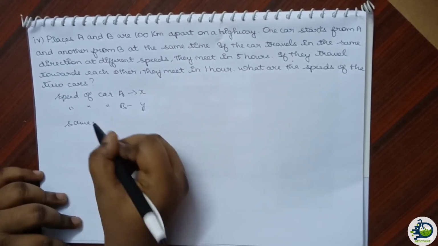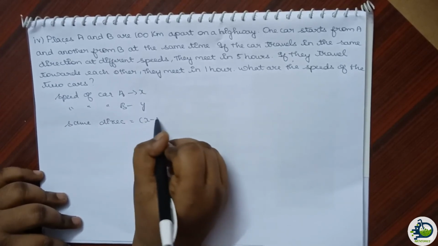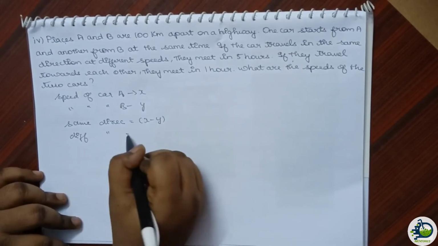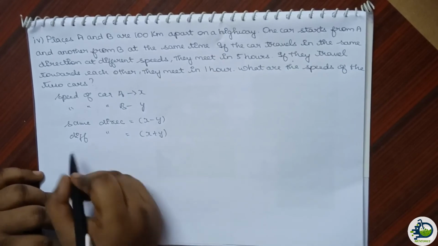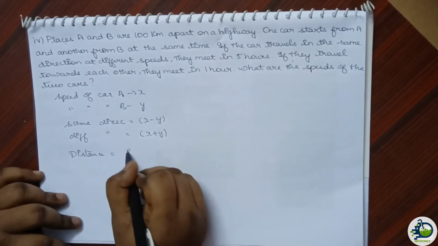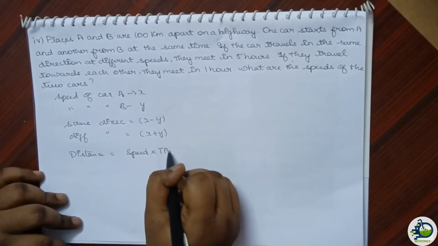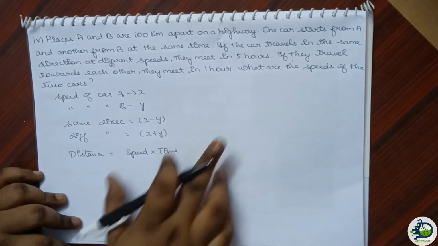If they travel in the same direction, then we have to subtract the speeds. If they travel in different directions, we have to add their speeds. Also, we need to know the formula: distance is equal to speed into time taken. This is the basic formula we need to know to solve this.